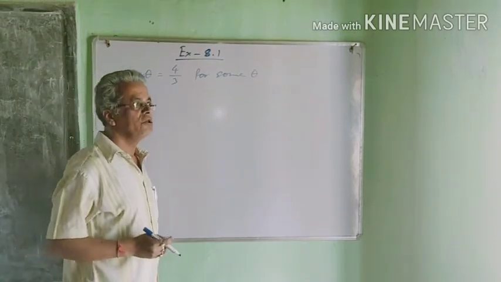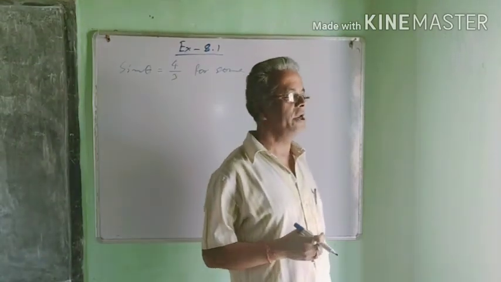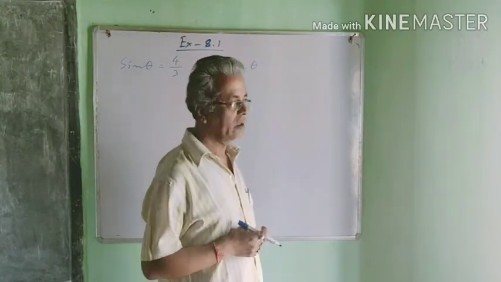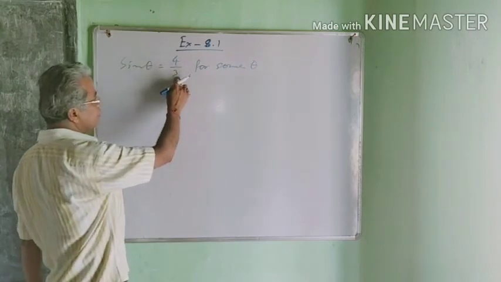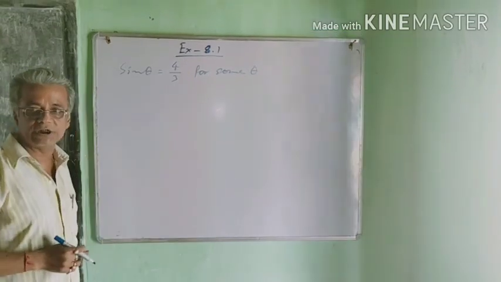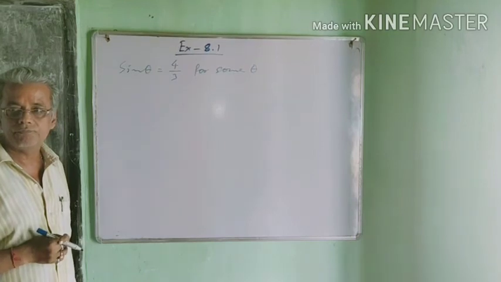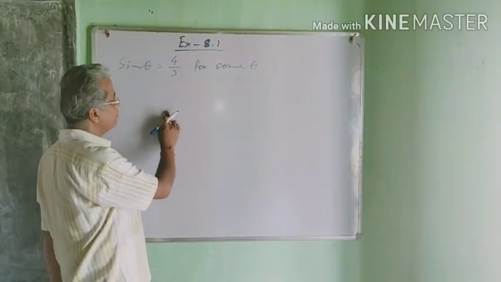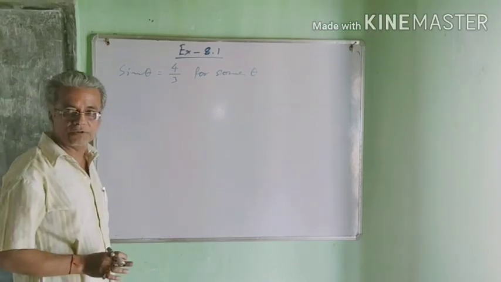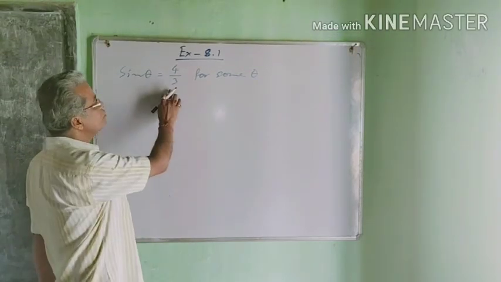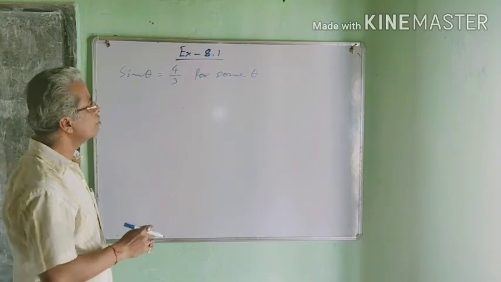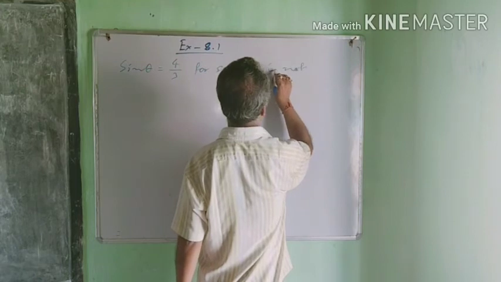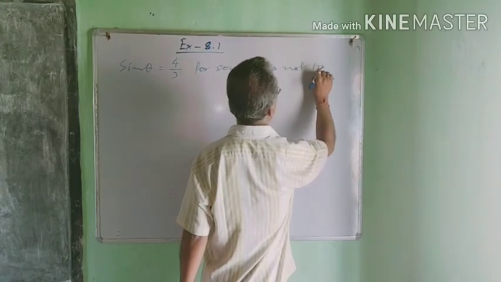We know sine of an angle is the ratio of perpendicular and hypotenuse. Here it is 4 by 3. Numerator is greater, denominator is smaller. But for perpendicular by hypotenuse, the denominator should be the greater. So it is not true.